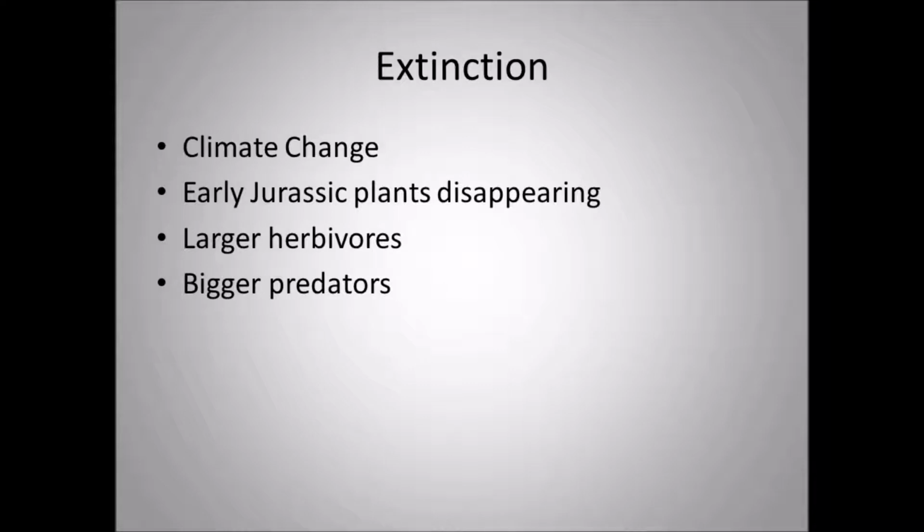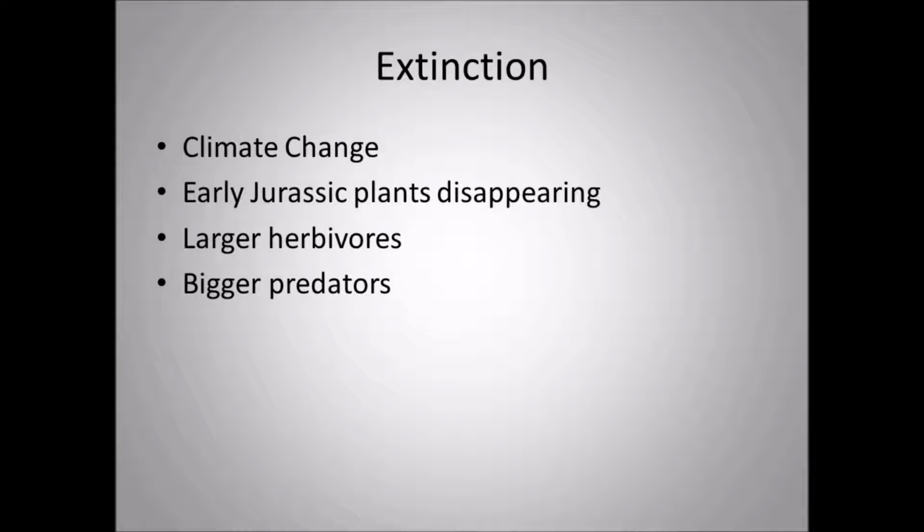Of course, the extinction of Massospondylus was mostly due to climate change. That's mostly what causes a lot of extinctions. At that time, Pangea in the early Jurassic was breaking up, and so you have the birth of the Atlantic Ocean, and North America and Laurasia were breaking apart from the southern continents.